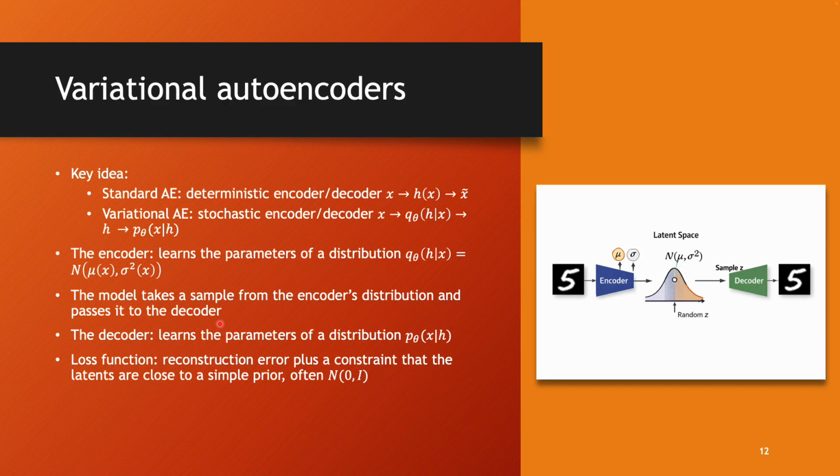So the way this is going to go is that again, from the input through the encoder you are going to learn these variables, the mean and the variance of the encoder. And then you are going to get just a single sample from that probability distribution, and you're going to pass that through the decoder. The decoder is then going to have a similar task to learn the parameters of this output distribution.